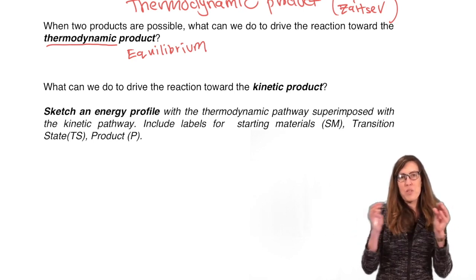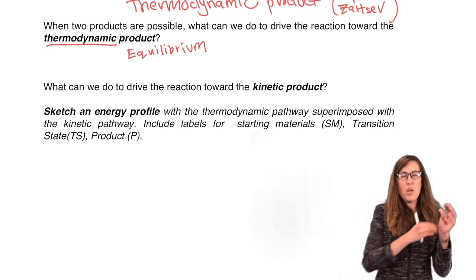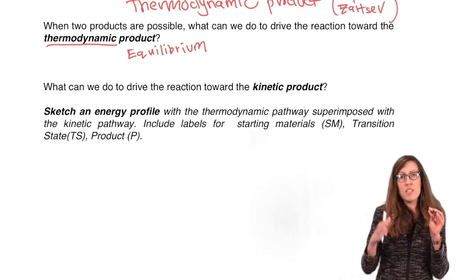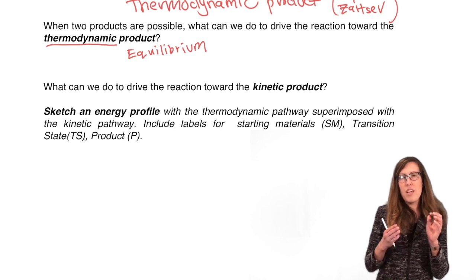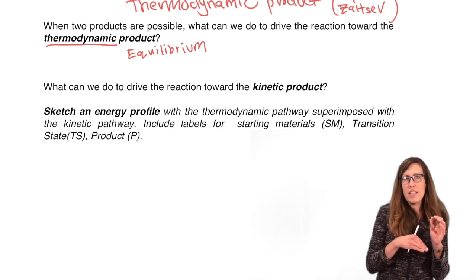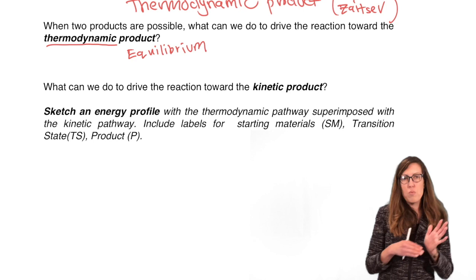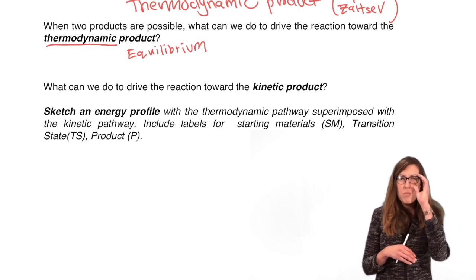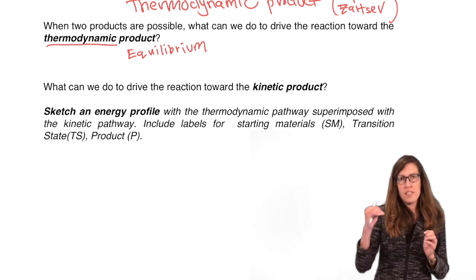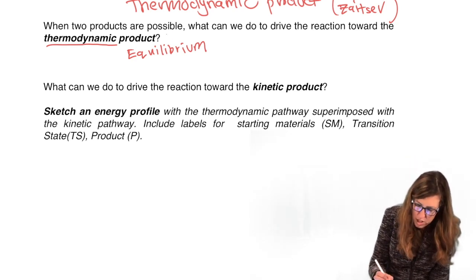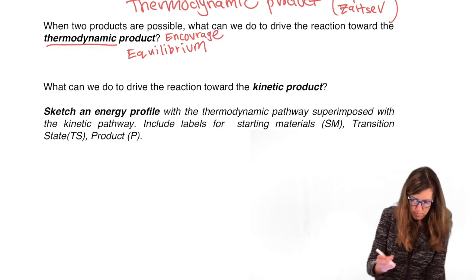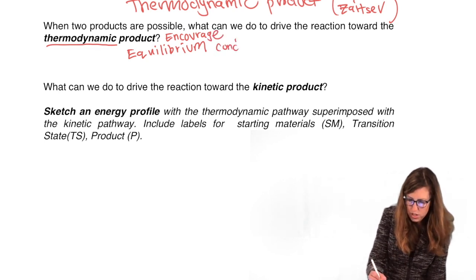So if you do an equilibrium, it has a do-over and keeps going until it settles into what we call a thermodynamic well, so lower energy potential. And when it does that, it's less likely to go back. So remember that the equilibrium constant will be different than if it's a less stable product, right? So you want to favor or encourage equilibrium conditions because those reactions are slower.